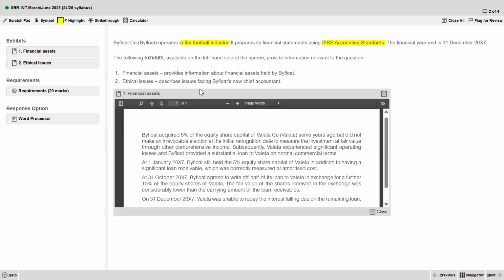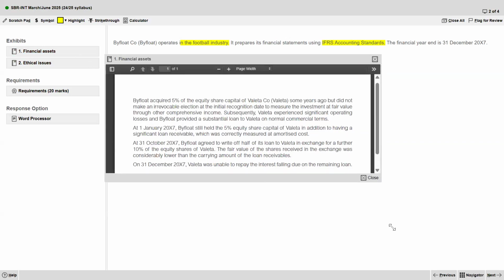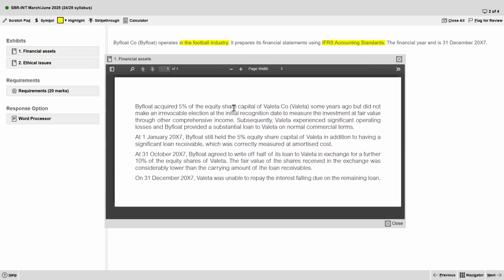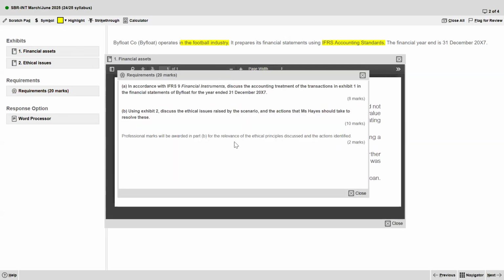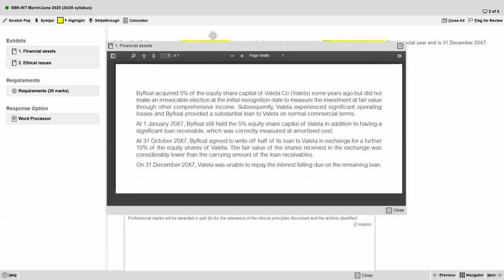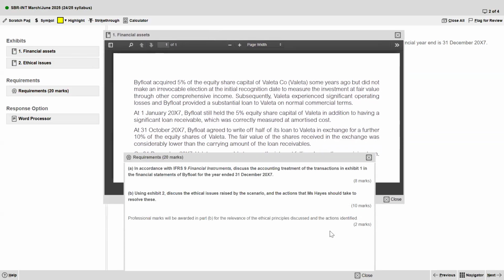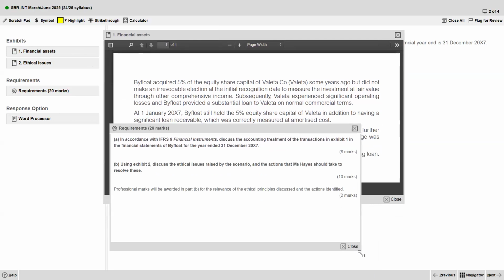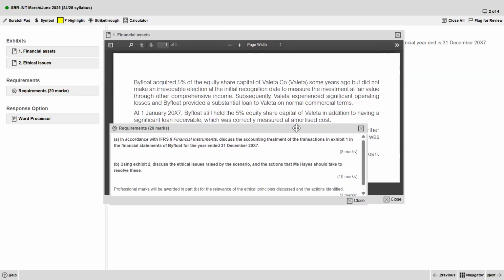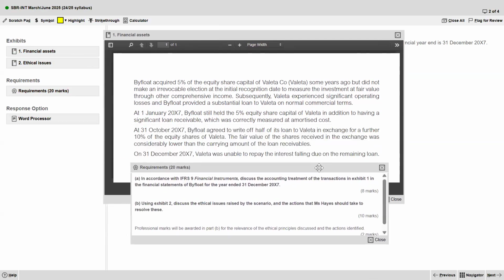So can you just go about it, doing this specific area? What do we have to do with respect to it? The requirement is using, or in accordance with, IFRS 9. What is it that we have to do? We have to apply this requirement, right?